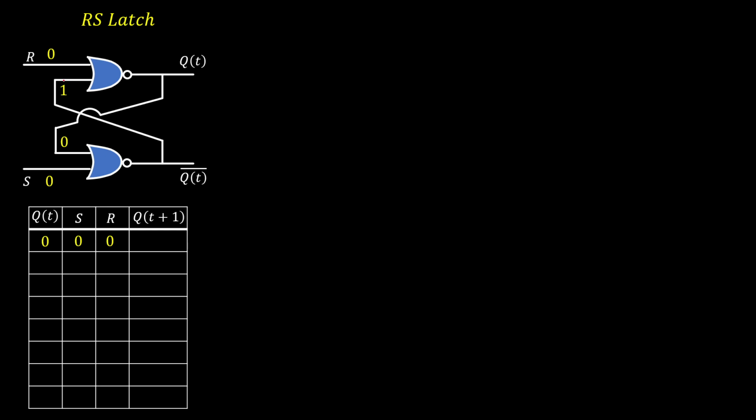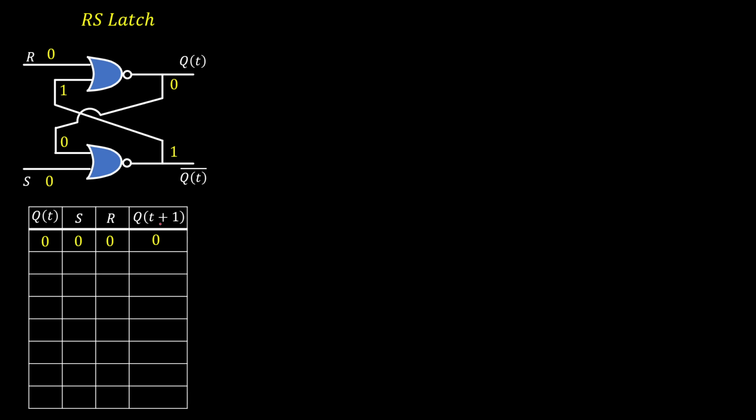Now for the first NOR gate, one input is high, so output is low, and for the second NOR gate, both the inputs are low, so output is high. So next state is 0 and complement of next state is 1, which is a valid state.